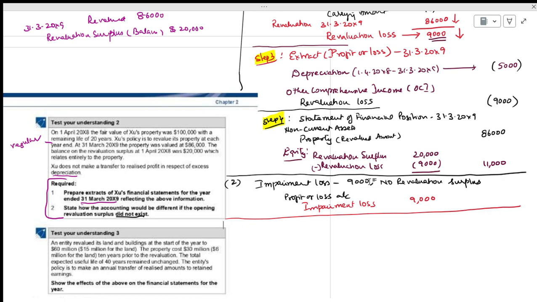Just revise this chapter. Automatically it will make things easy.